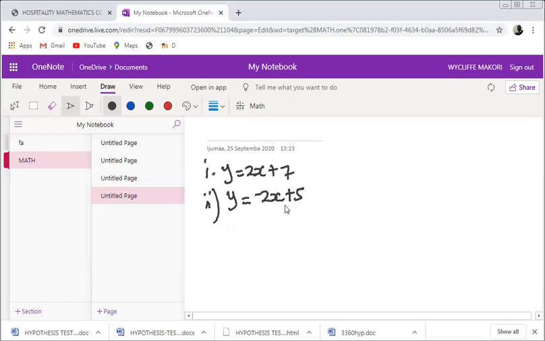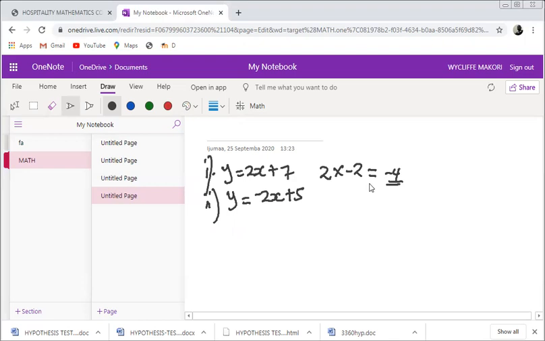What you need to do is the same. You do 2 times -2. This is m1 times m2. Always the number that is next to x is the gradient. So the gradient for this line is 2, the gradient for this other line is -2. You multiply them and confirm whether it is giving us a -1. You find this one is giving us -4. Therefore, these two lines are not perpendicular.